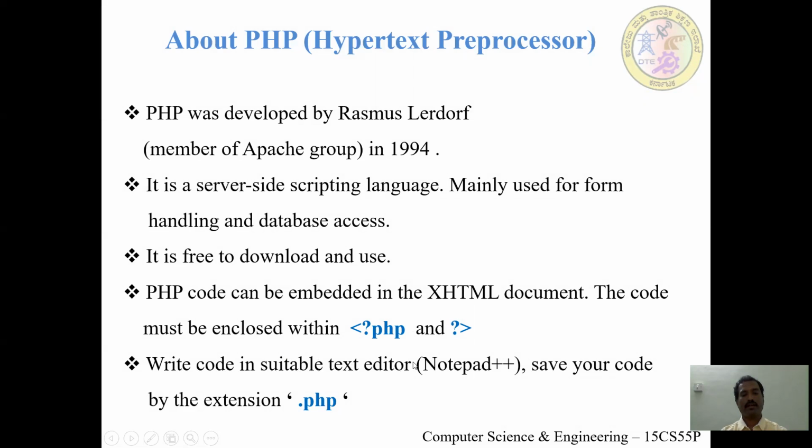In order to write a PHP script, we have different editors. We can use different editors such as Notepad, Dreamweaver, Visual Studio, and so on. Okay, here we are using Notepad++. After creation of a PHP script, save it with the extension .php.